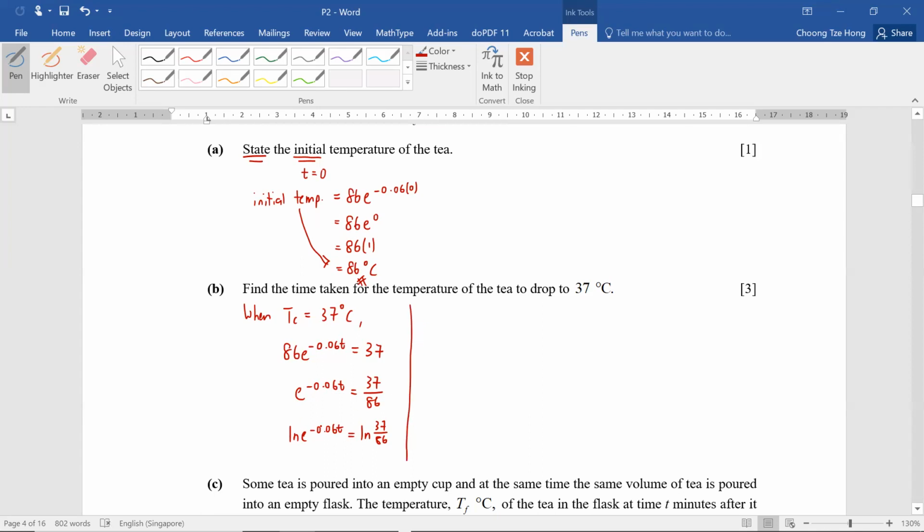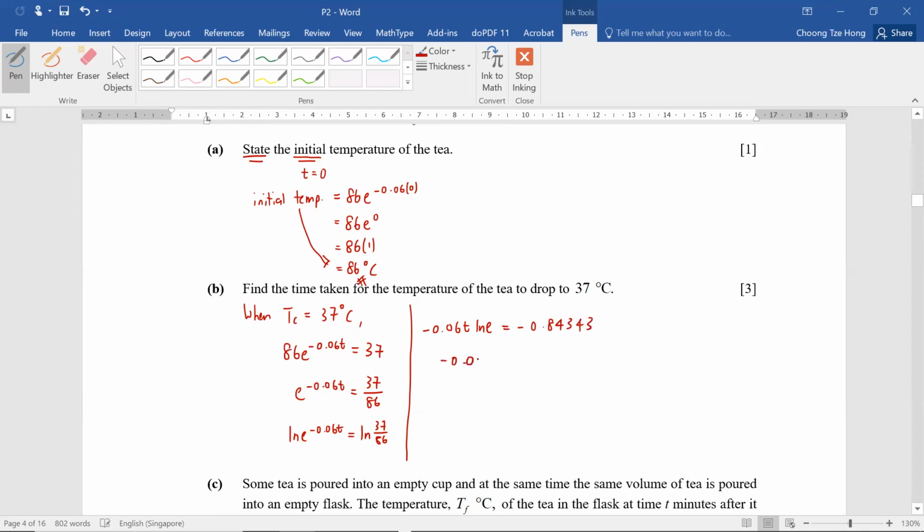On the left side, we will apply the power law, so we can bring the power in front, and then we have ln e. ln e is eventually going to be 1. Then ln 37 over 86, just compute inside your calculator. You'll get negative 0.84343.